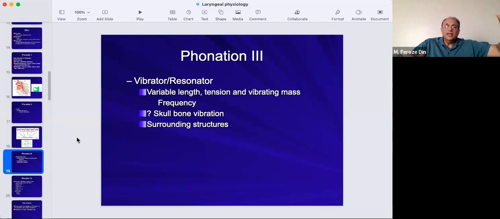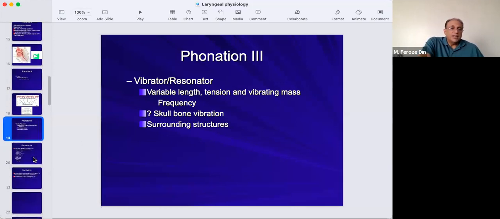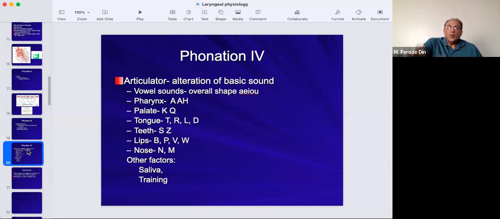If you have a stringed instrument and the string is at a lower tension, the note will be lower, and if you tighten it, it will go higher. Both these effects are utilized at the larynx to change the frequency of sound emitted from our larynx.